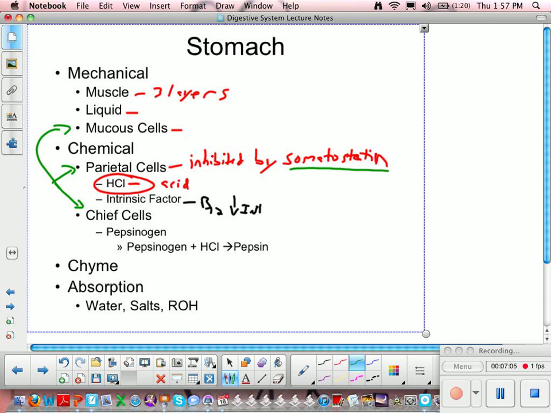The chief cells produce pepsinogen, which is an inactive enzyme. When pepsinogen mixes with the hydrochloric acid from the parietal cells, it becomes an activated pepsin enzyme.